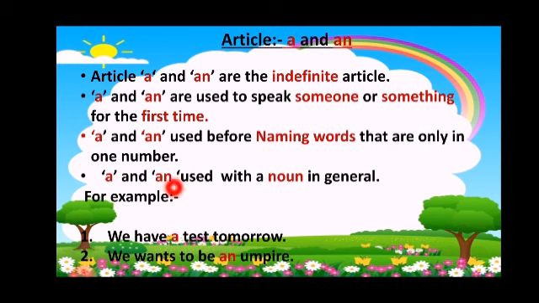A and AN are used with a noun in general. For example, we have a test tomorrow. We want to be an umpire. So here you can see A and AN articles are used according to the rules of vowels and consonants.